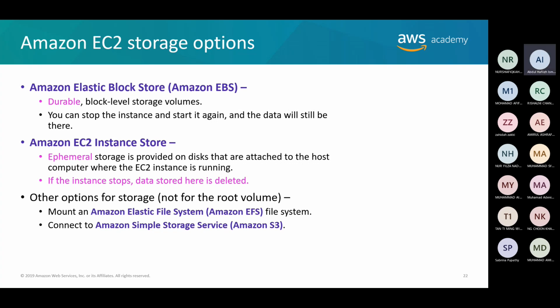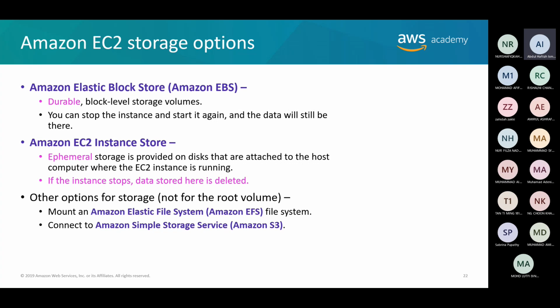And kita ada yang tadi dipanggil Amazon Simple Storage Service. Amazon S3 is an object storage service that offers scalability, data availability, security, and performance. And you can store and protect any amount of data for a variety of use cases such as website, mobile apps, backup and restore, archive, Internet of Things device, and big data analytics.